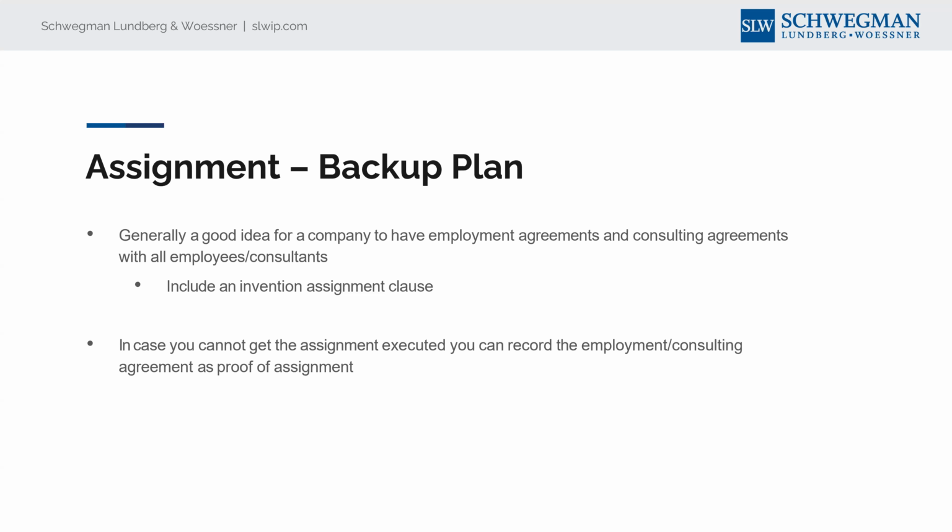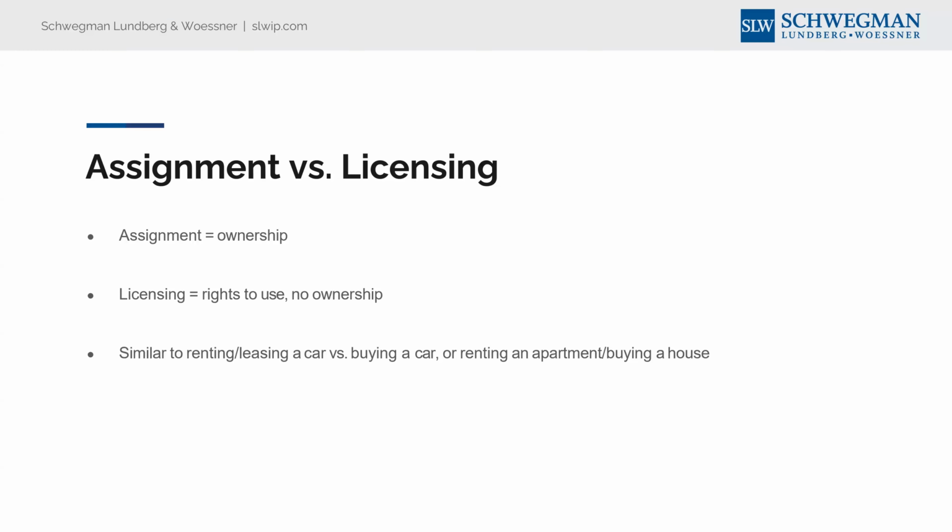And in the absence of an executed assignment, you can use that. You can record that employment agreement as a proof of assignment, but again, not the first arrow in the quiver you want to use, just in case there's some stuff you don't want public, or be forced to go through redaction, which is not the most fun to do.